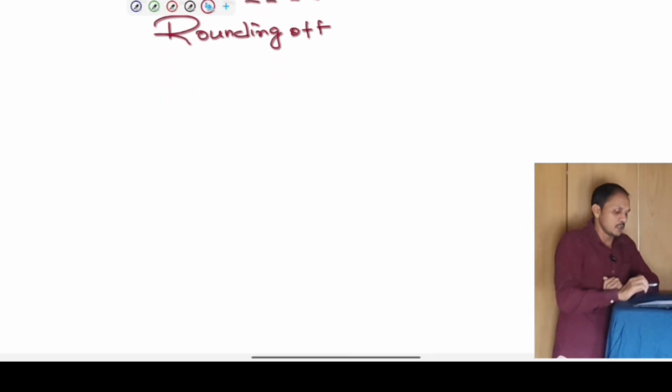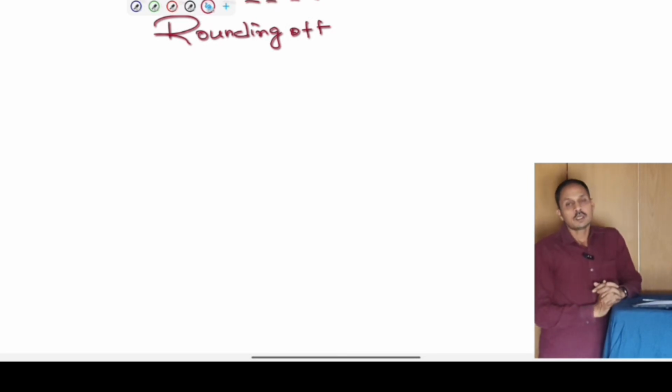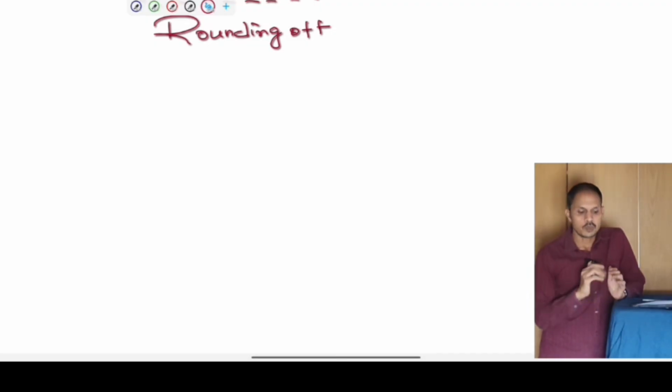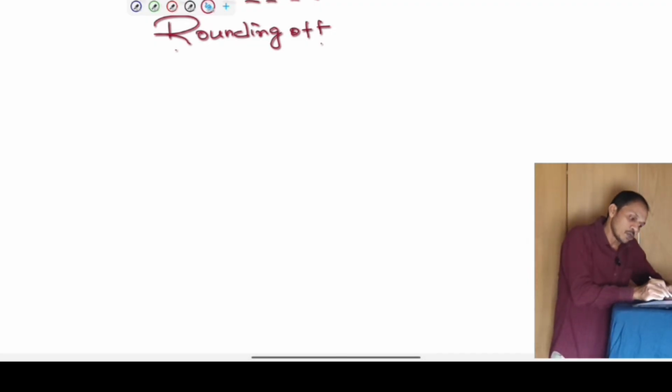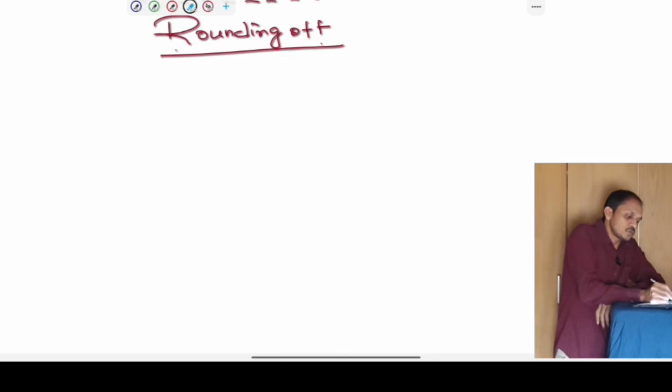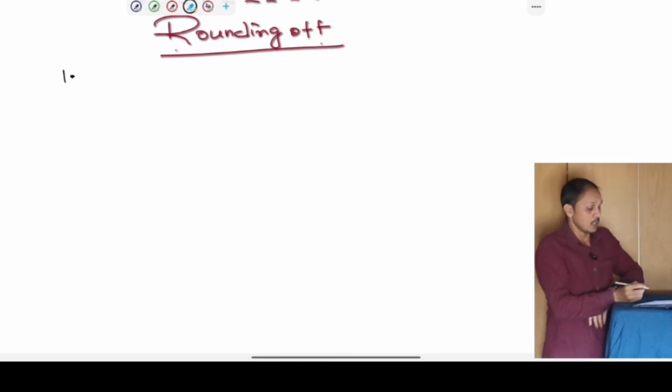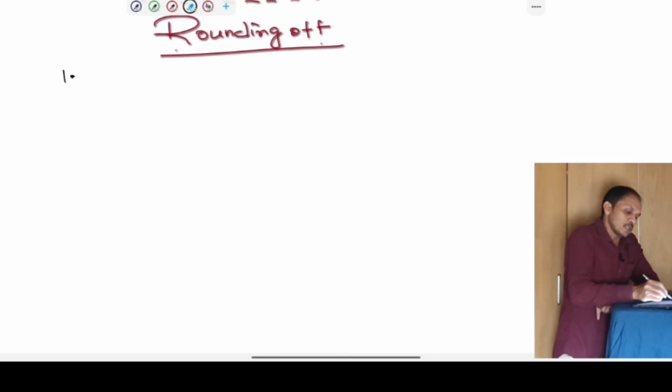Imagine you went to a restaurant and the bill is 499 rupees. Generally we say it is 500. You are rounding off to the nearest value, 500. If it is 401, then we say it is nearly 400. So what are the rules to round off numbers?